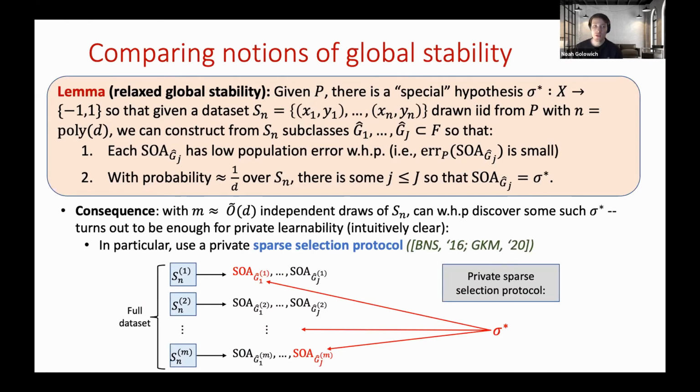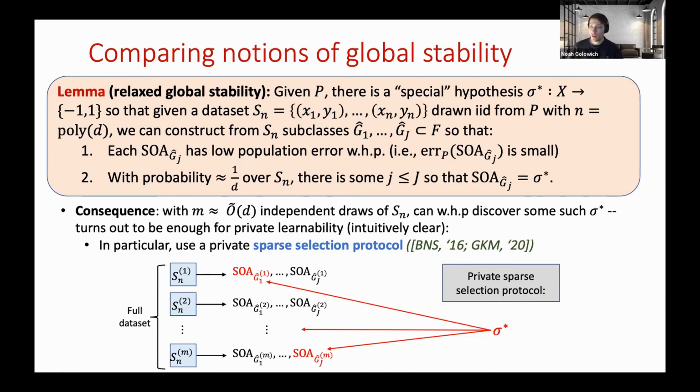In particular, the way we use this lemma of relaxed global stability is as follows. We're going to take a number of independent draws of such a data set Sn. You can imagine taking our full data set and splitting it up into some number m of blocks Sn1, Sn2, and so on.